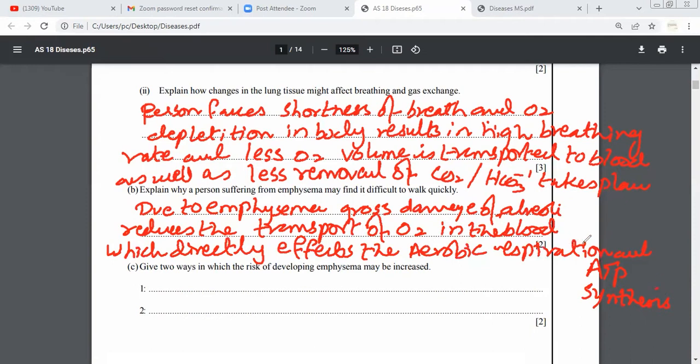And this is a major cause that the person won't be able to walk quickly, and which results in lack of energy.